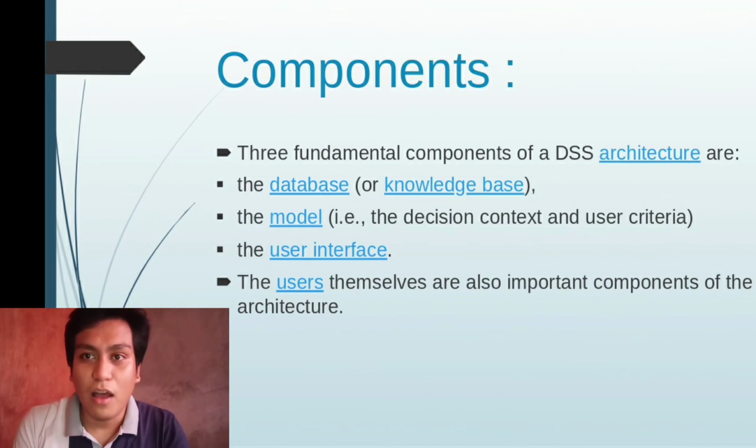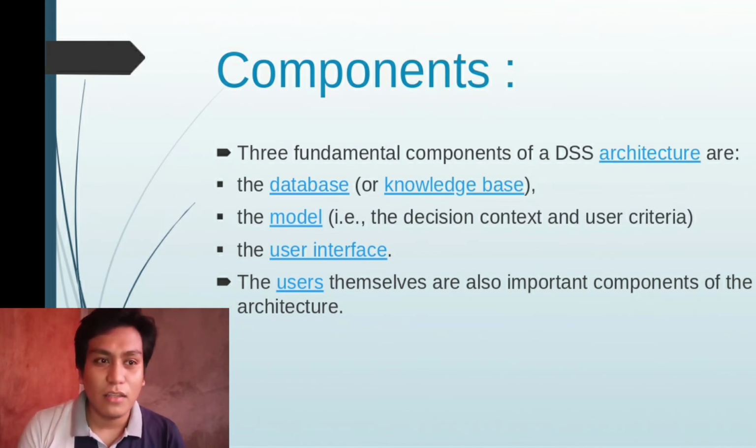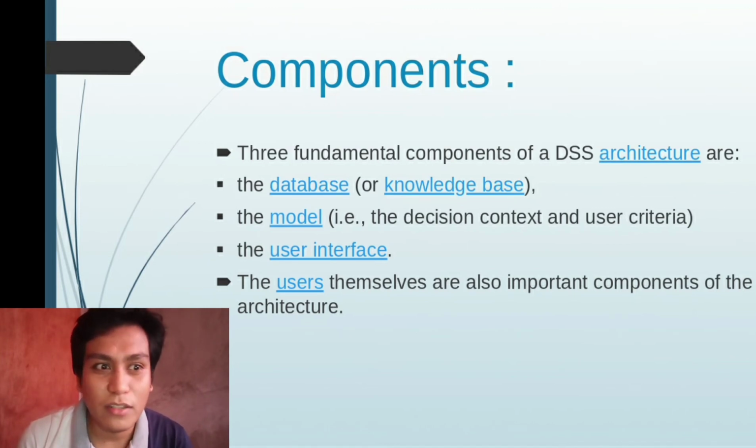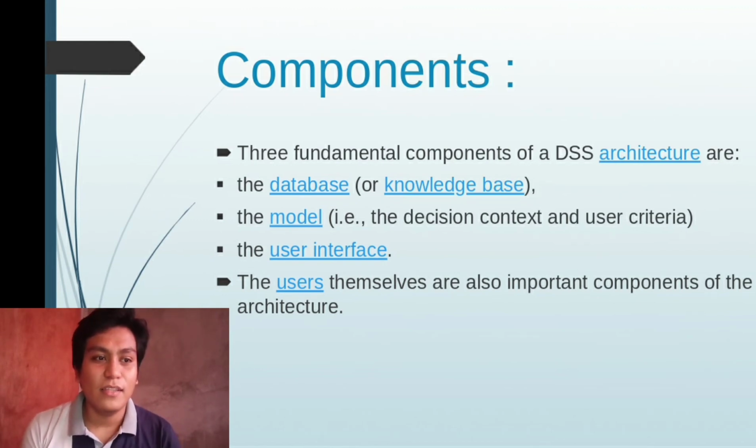The components of the DSS. 3 fundamental components are the database or knowledge base, the model, in example, decision context or user criteria. The next is the user interface, and the users themselves are also important components of the architecture.